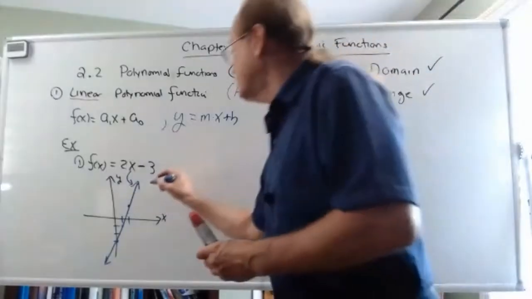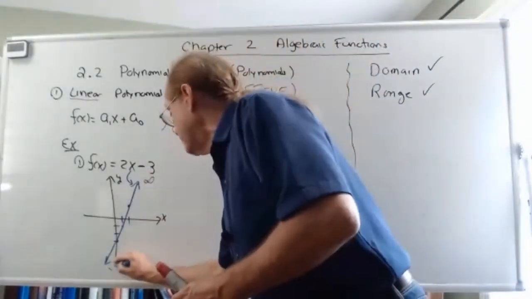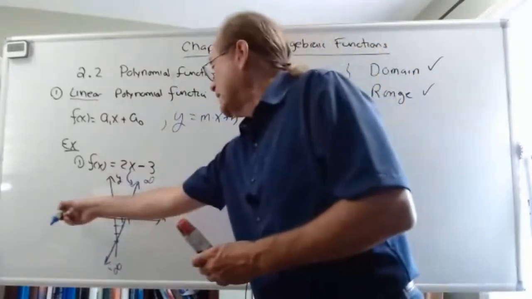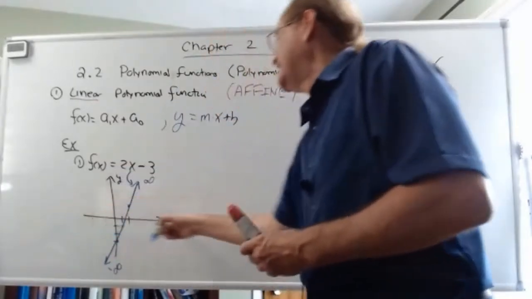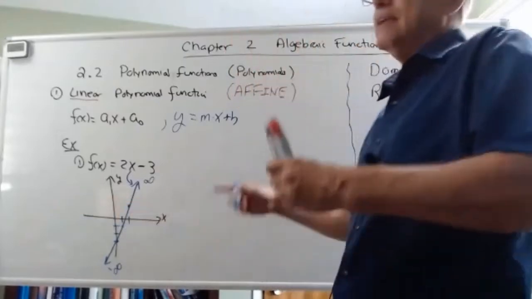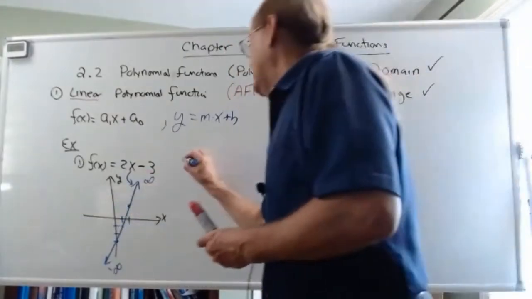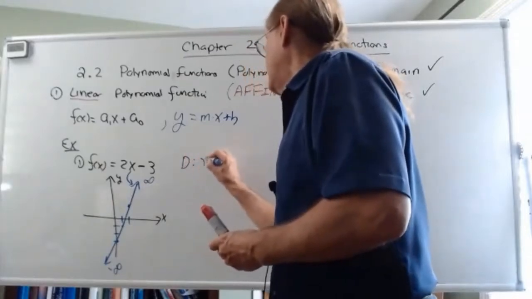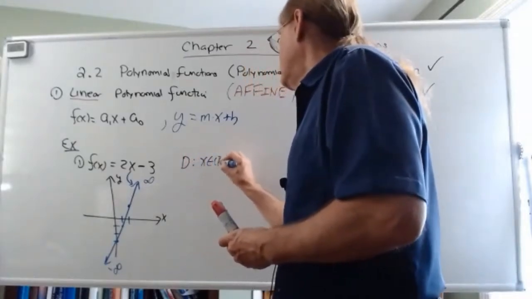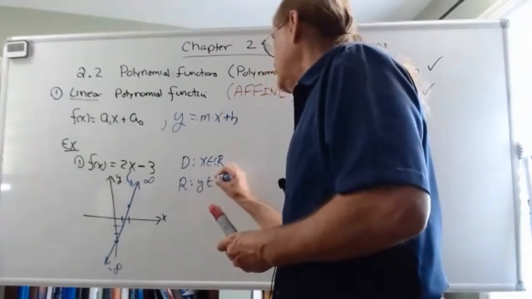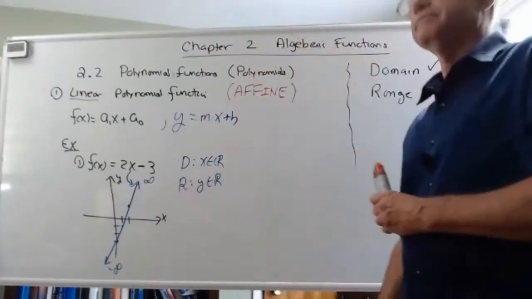This goes up to plus infinity, and this goes down to minus infinity. So y can be anything. How do I get that particular y? I plug in any number for x that goes from minus infinity to plus infinity. So again, domain, x is a real number. The range, y is any real number. Very simple.